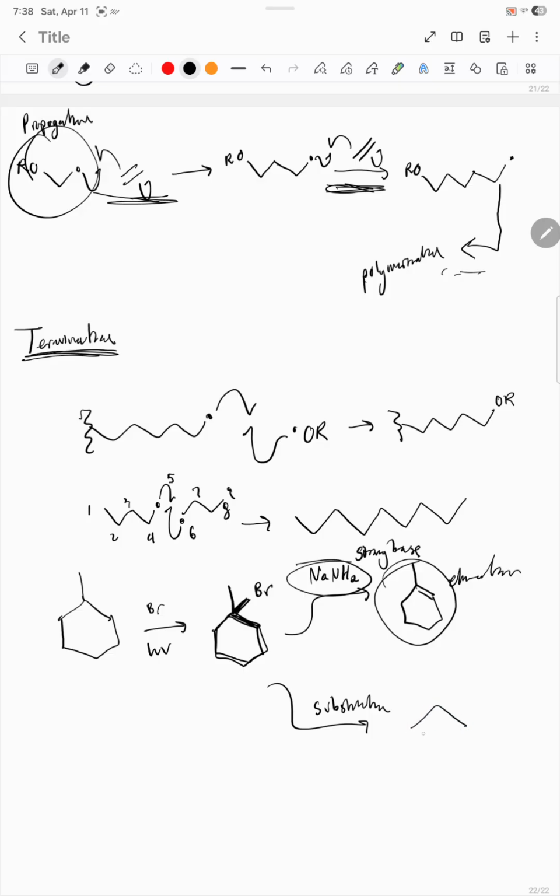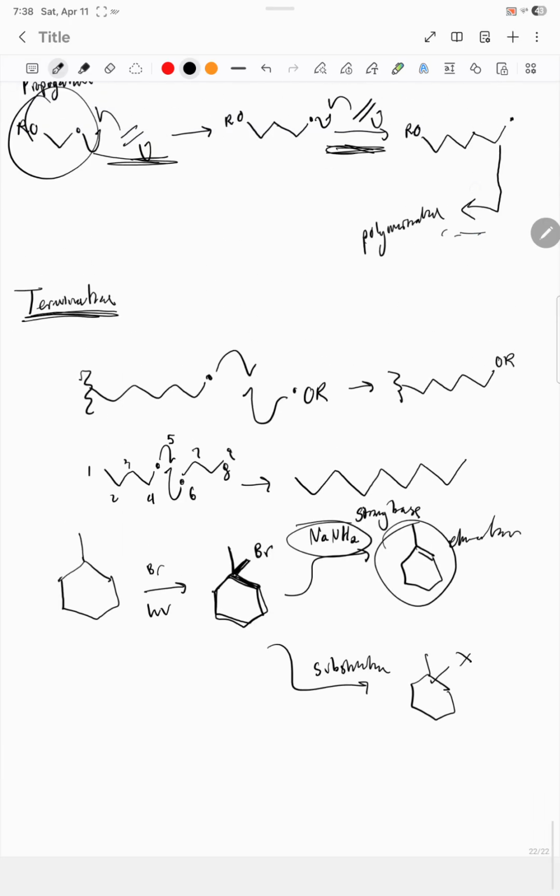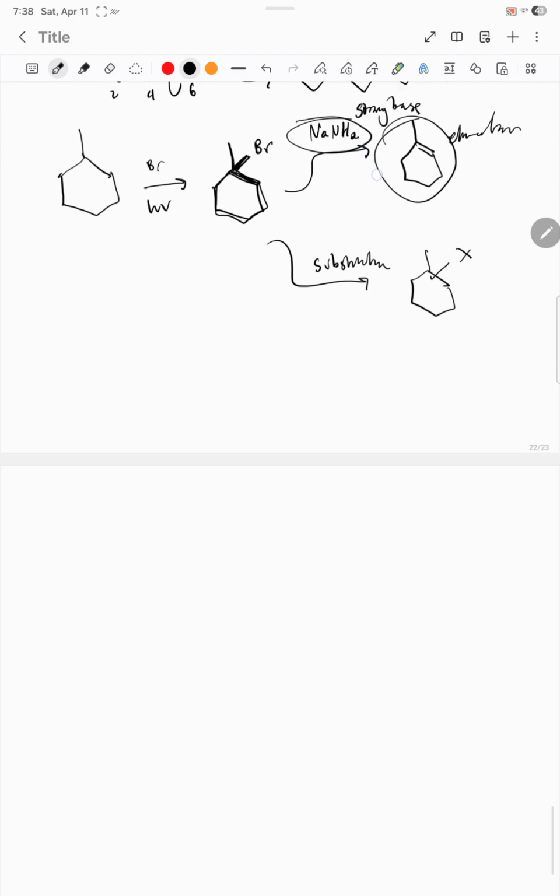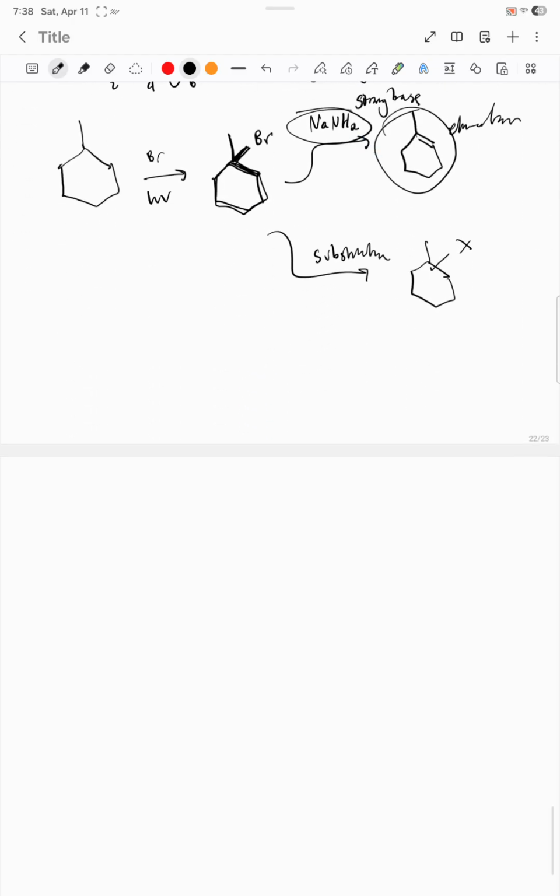Substitution to do something like, sorry, we could go through substitution to form something like that. This brings us up onto the next chapter, which is on synthesis.